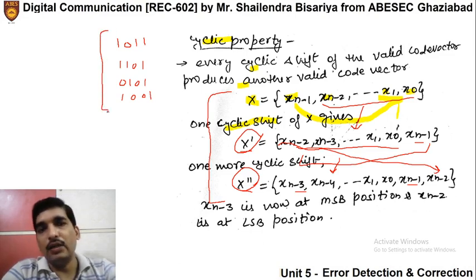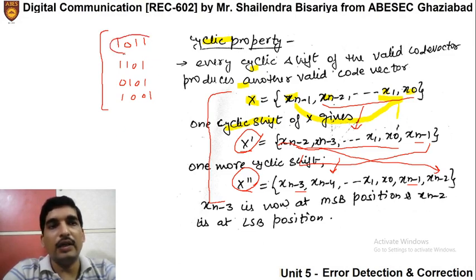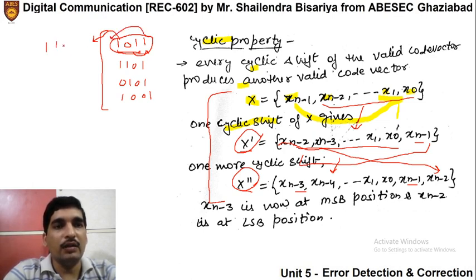Now are these cyclic codes? So let us take any one, and let us do cyclic shift in this code. Let us shift it by 1. So 101 will come to this side, and this 1 will come to this side. So we will get 1101. Yes, this is a valid code vector, right?